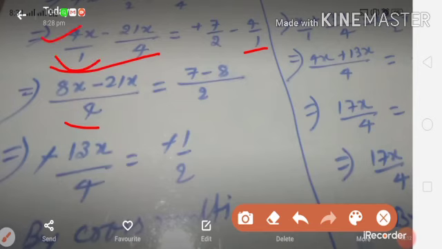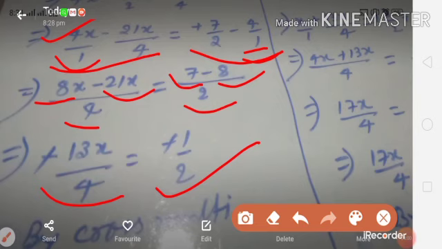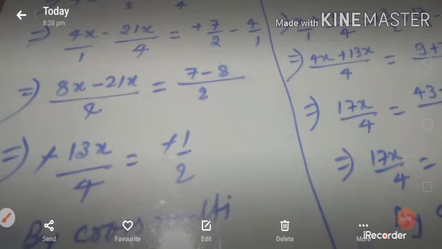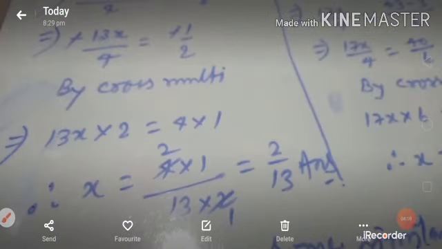When you divide by 1 you find 2, 2 4 is 8. You go there, you see that minus is greater, so we put minus and subtract, we find 13x by 4. Here also minus is greater, so we write minus, and when we subtract we find 1 by 2. Both sides we see minus, so we can cancel it, and we see that 13x by 4 is equal to 1 by 2.